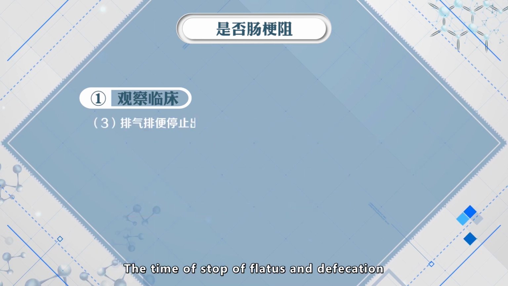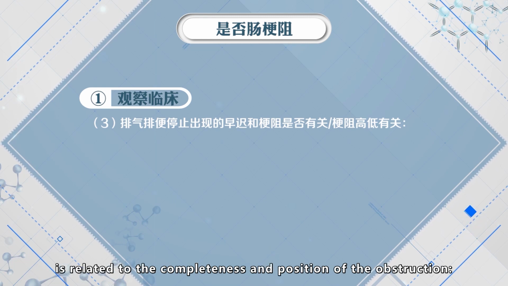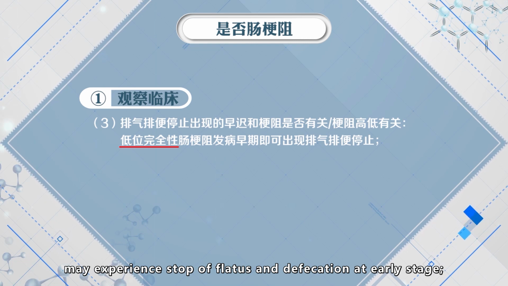The time of stop of flatus and defecation is related to the completeness and position of the obstruction. The patients with lower complete intestinal obstruction may experience stop of flatus and defecation at an early stage.